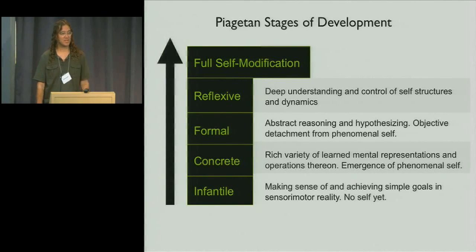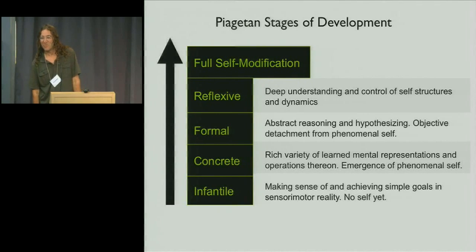Then when you get to the reflexive level, which involves a deeper learning about yourself and your relation to your environment, then you're getting to the level where self-programming becomes more profound, and the system, once it reaches this level, which OpenCog and any other existing AGI system is certainly very far from.